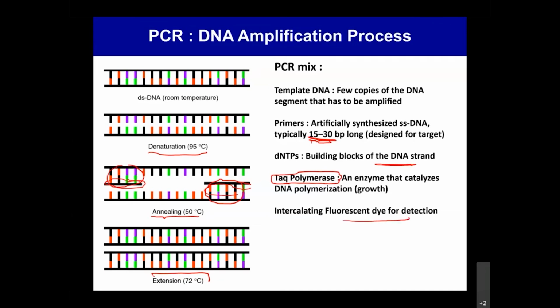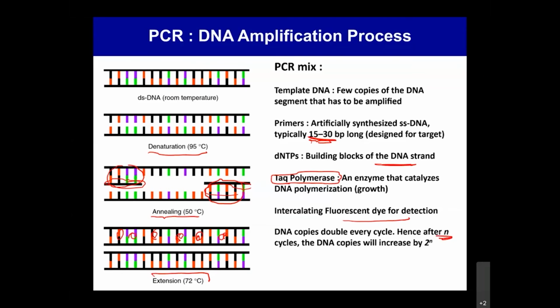It has this property that it likes to come and sit in between the DNA nucleotides, right? So when you have very large number, only then this fluorescence light coming out starts becoming visible. That is why you have to go to certain number, n cycle. As I said, n is typically from 20 to 30 cycle.